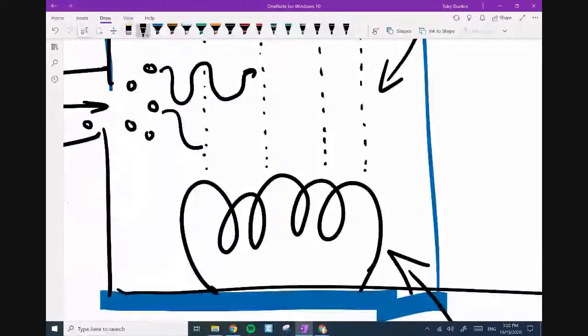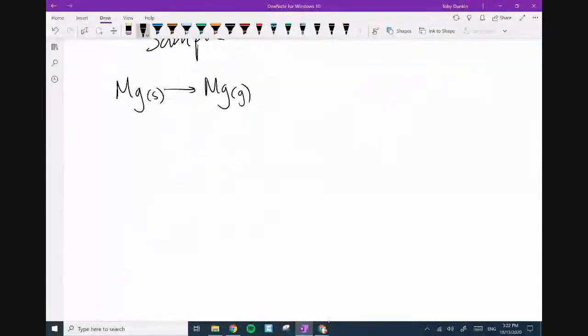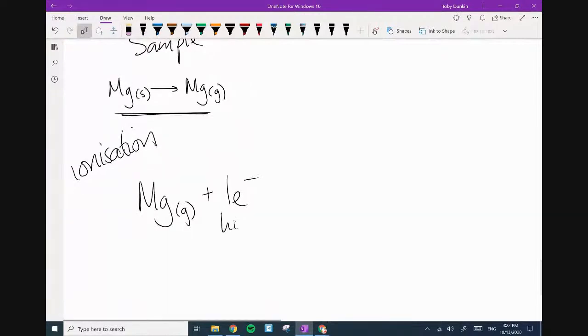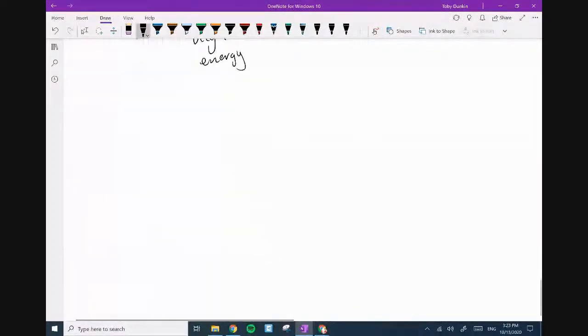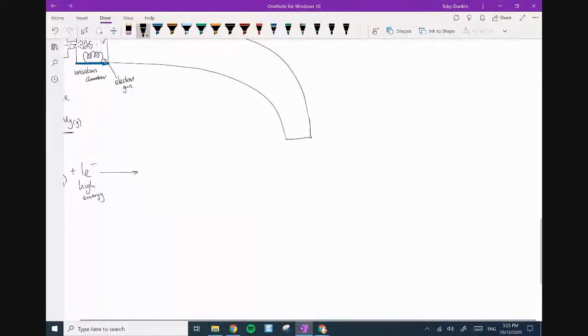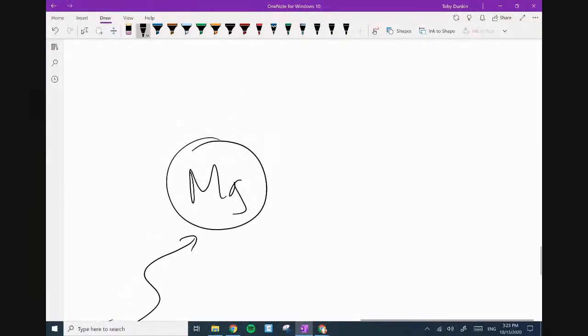Here's the equation. So, ionization. We've seen vaporization, now ionization. We've got magnesium gas. It's going to get smashed into by a high energy electron. This is where drawing stuff out is really cool. Magnesium atom gets hit by a high energy electron, and it's like being shot with a bullet.